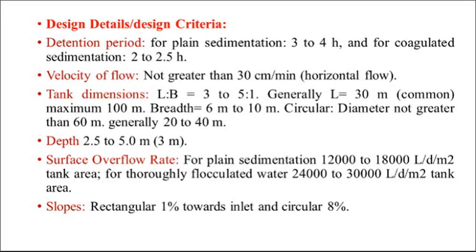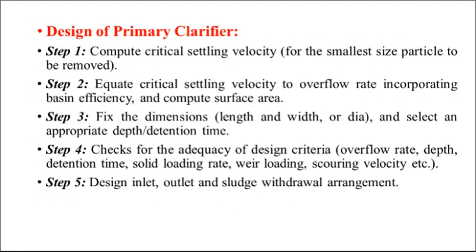For thoroughly flocculated tank, the surface overflow rate should be 24,000 to 30,000 liter per day per meter square area of the tank. Then slope at the bottom for the sedimentation tank should be 1 meter towards the inlet in case of rectangular tank, and it should be 8% towards the center for circular tank.